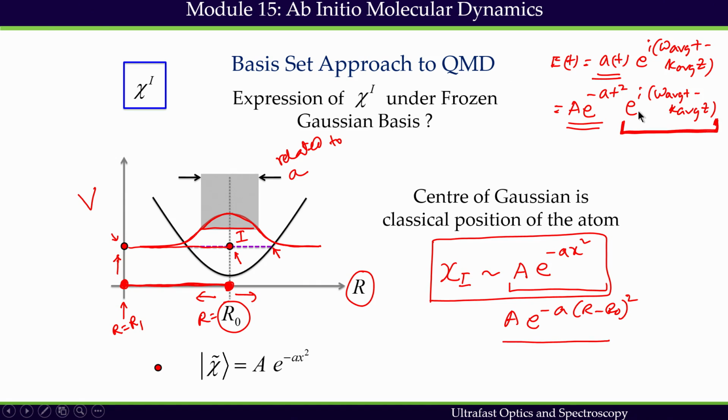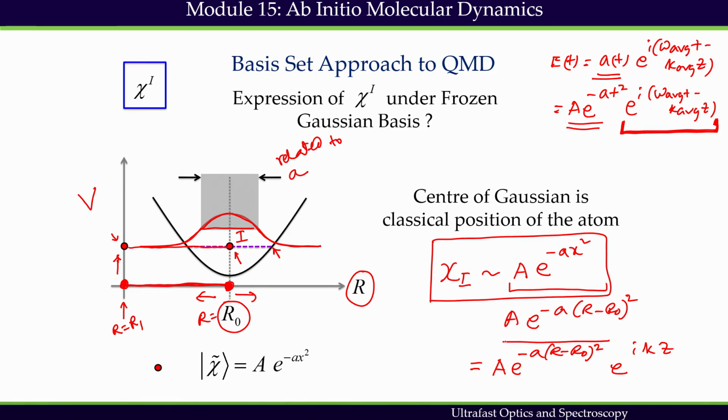So in the space domain, if we want to express it as a propagating traveling wave, then e to the power minus a (r minus r naught) whole squared, which is a Gaussian function, has to be multiplied by e to the power i k z.